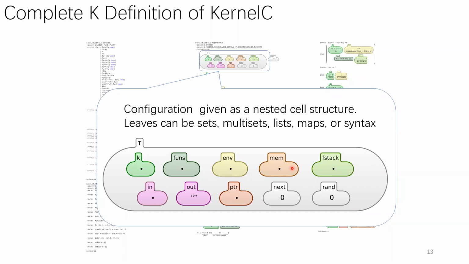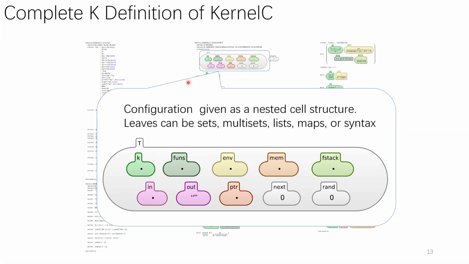It also includes all the necessary semantic information that we need to execute the program. K configurations are organized as nested cell structures whose leaves hold basic data organized in lists, maps, sets, etc. And a cell can be referred to by its name, and the order of cells is irrelevant.